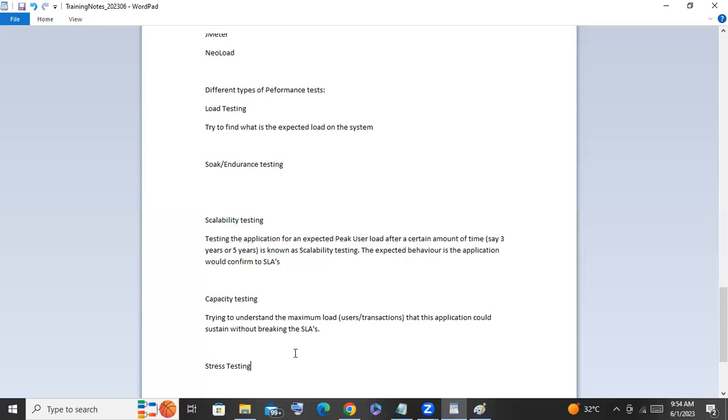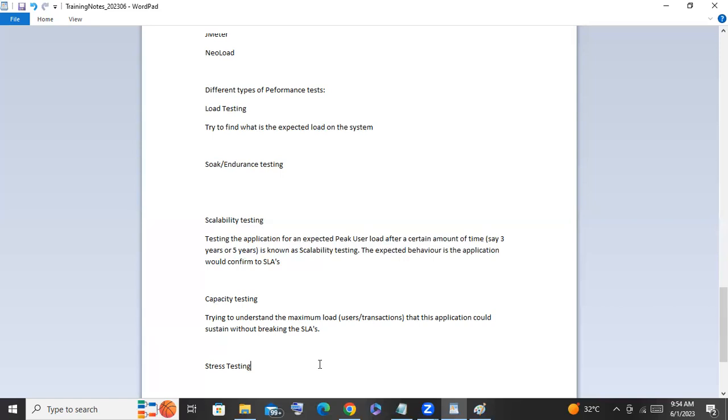That is all that you are trying to achieve. You don't care if the SLAs are broken, or you might want to see the point at which the SLAs are broken, and the point at which the application completely breaks. So you don't have one particular scenario that is exactly the stress test.